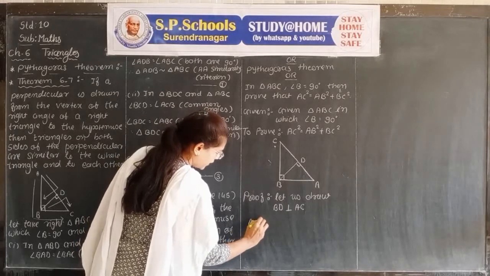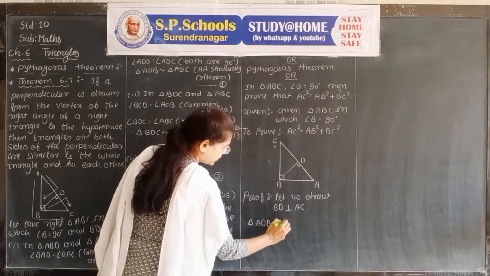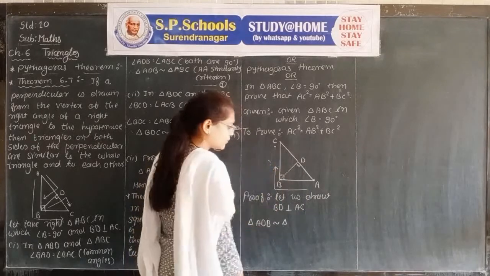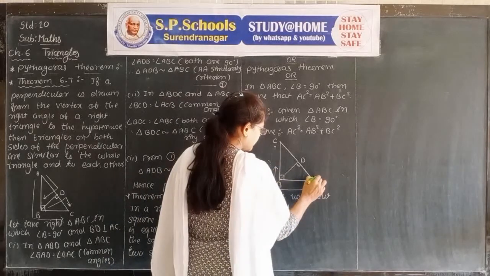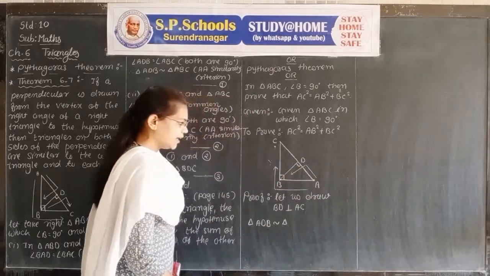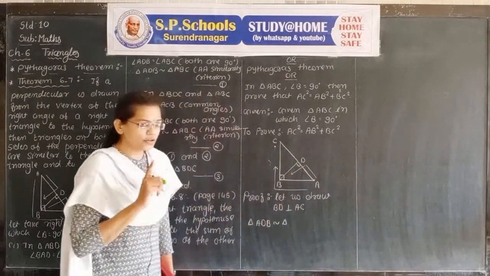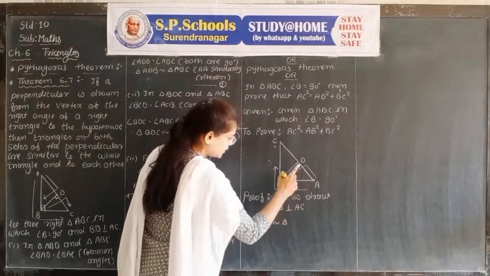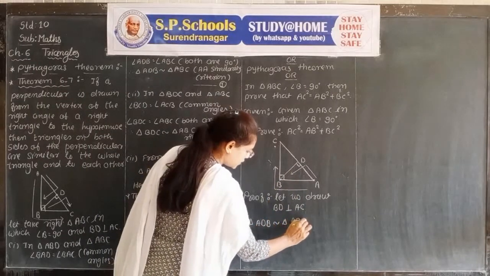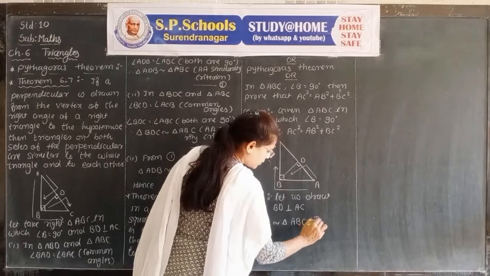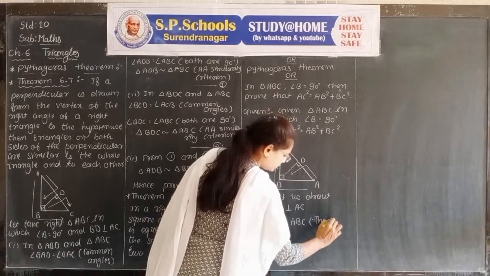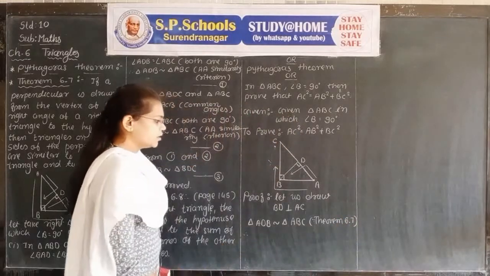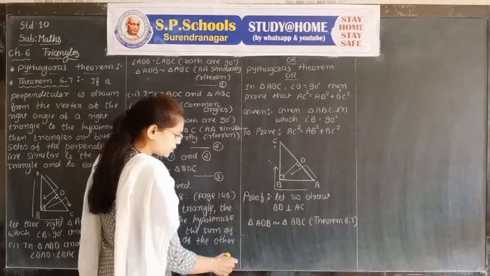Triangle ADB is similar to triangle ABC. The directions are not required in your proof; it's just for our understanding. ADB is similar to triangle ABC. The reason is compulsory: because of theorem 6.7.